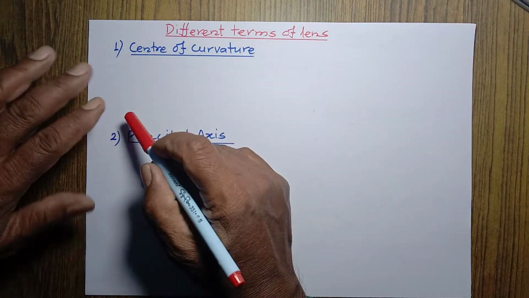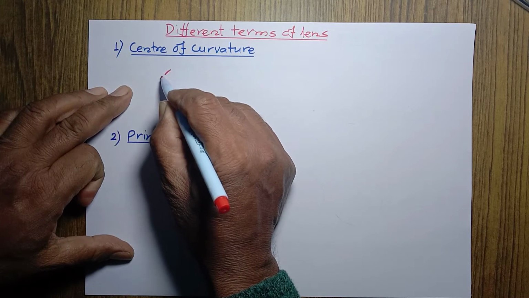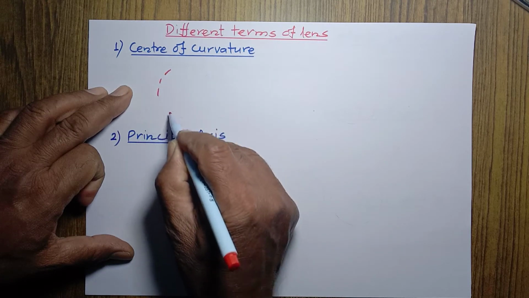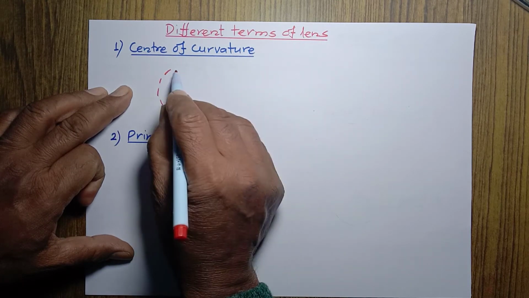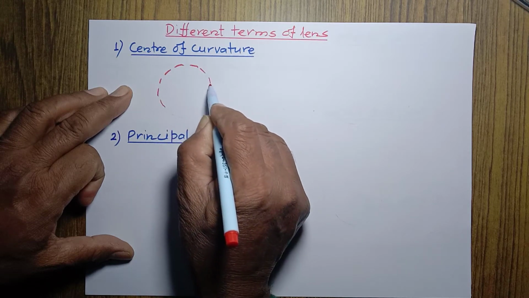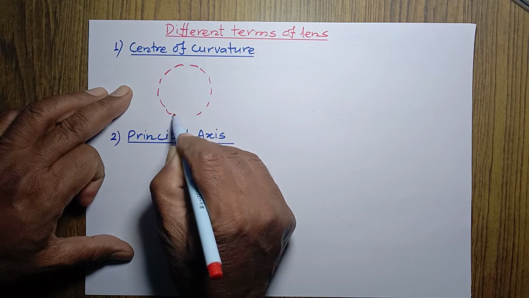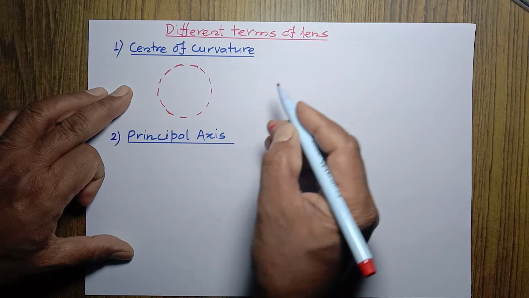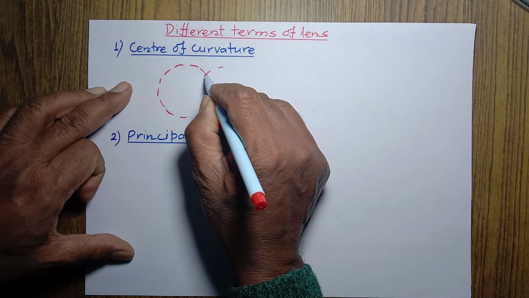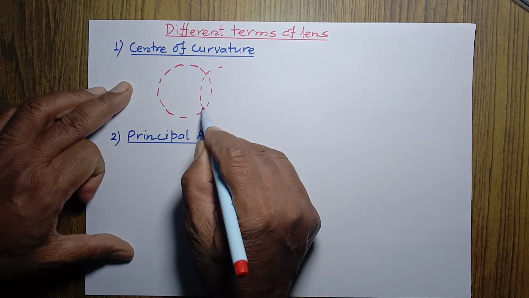What is center of curvature? Look at this. Let's say this is a glass sphere, and this is another glass sphere overlapping the previous one.